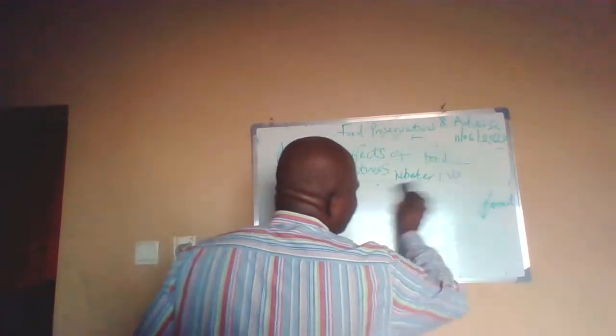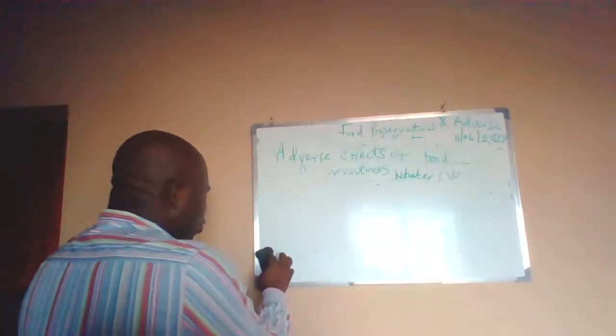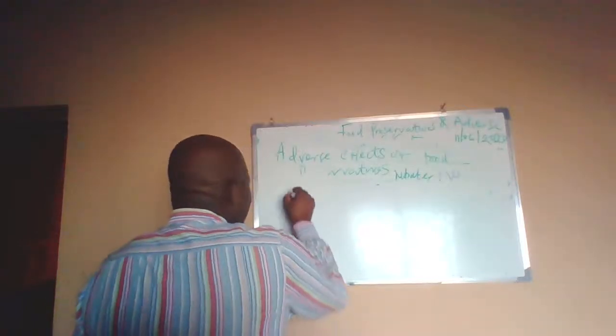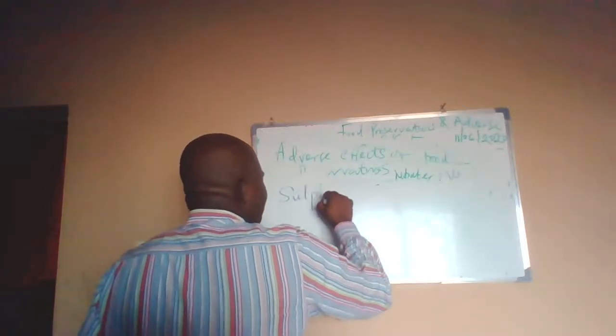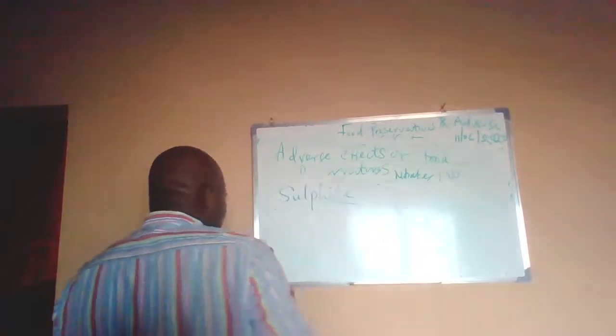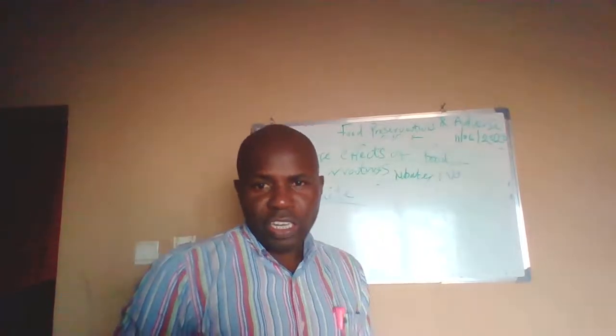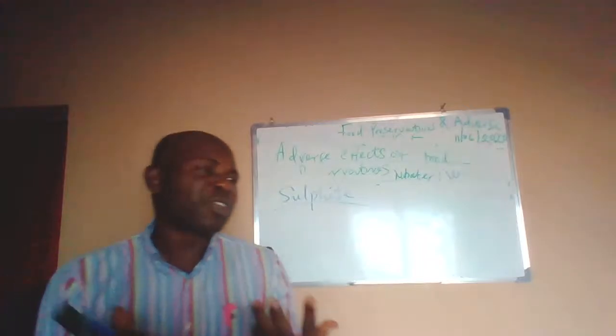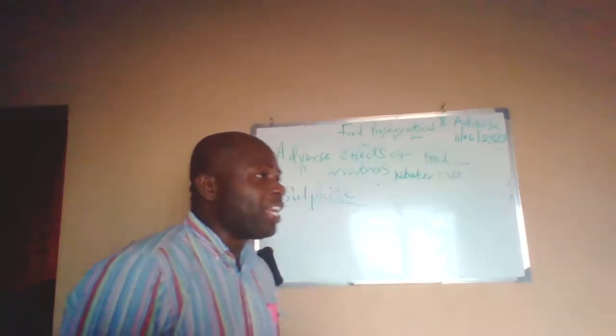So let's talk about another food preservative. We want to talk about sulfites. It's another food preservative that you often see in beverages and wine.